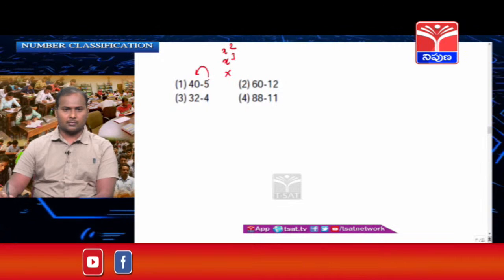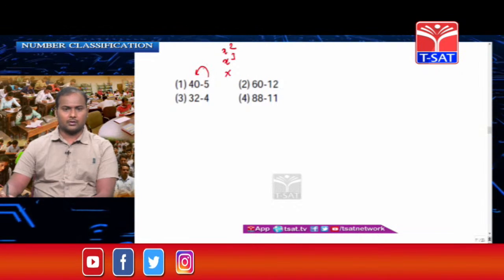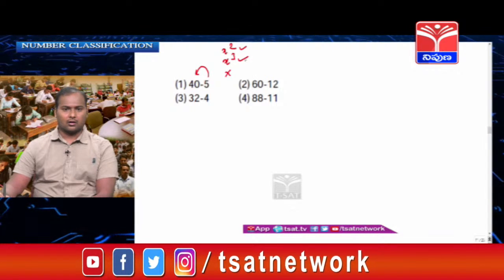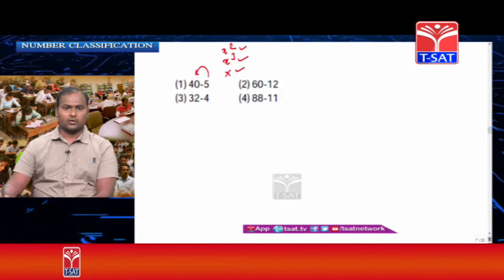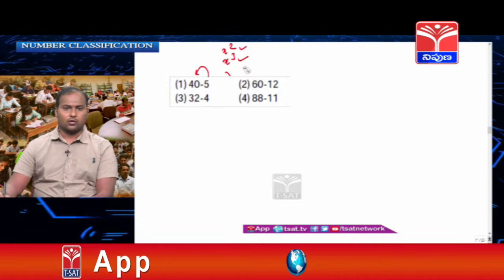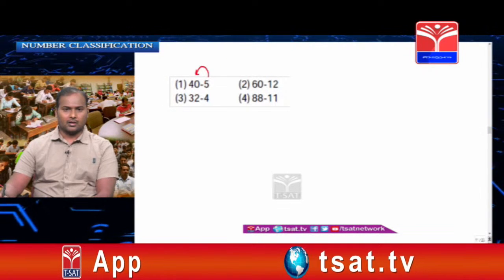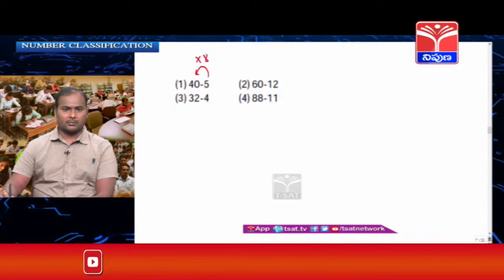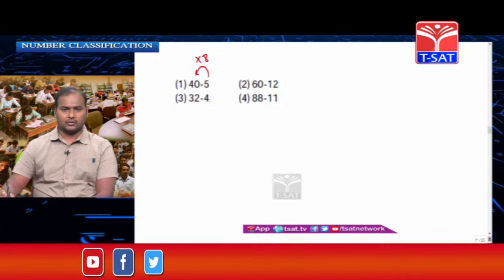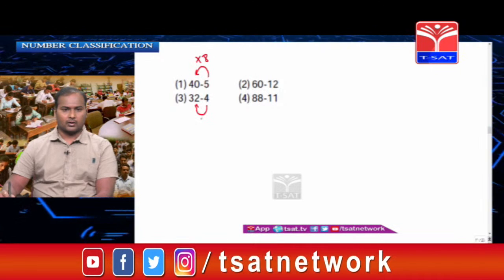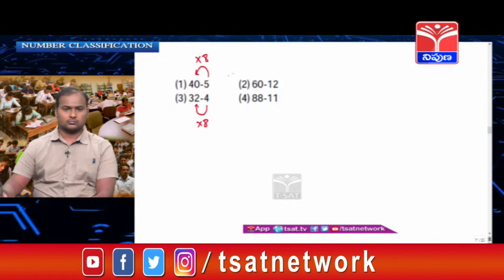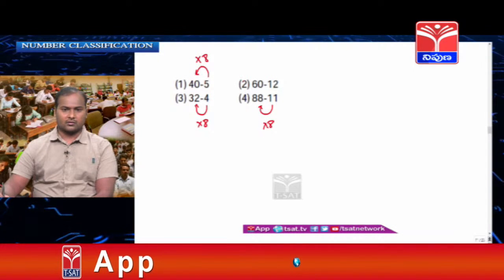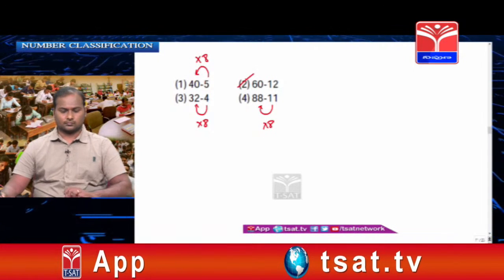The moment you see a number going from small to big, what you have to analyze in the exam is whether it may be a square, cube, or multiplication. So try to check with these three, you may get the answer. But in this case, directly I know that 540 is 8 times. So 5 times 8 is 40, 4 times 8 is 32, 11 times 8 is 88. So obviously your answer is 2.